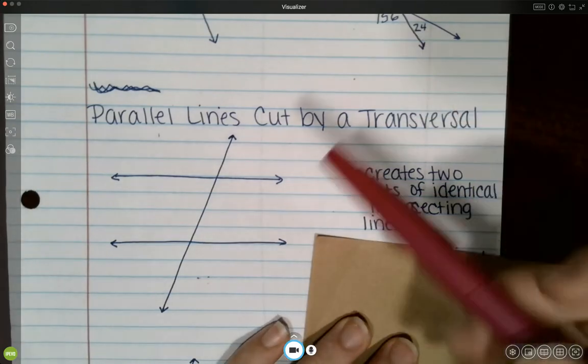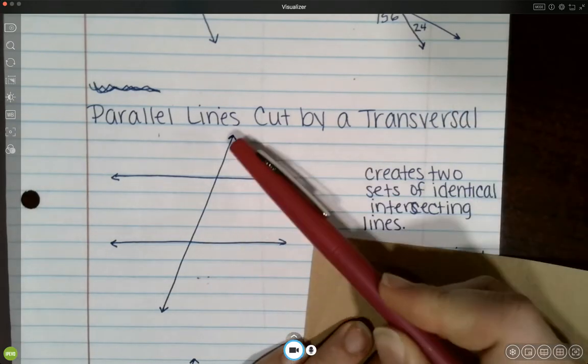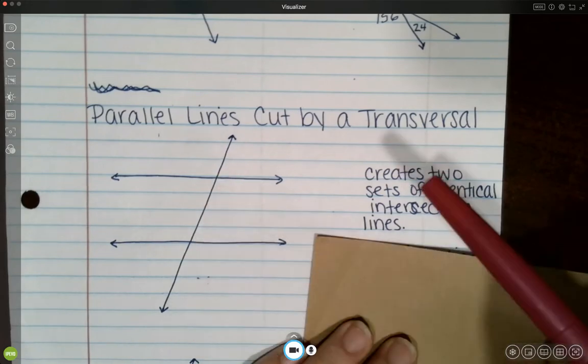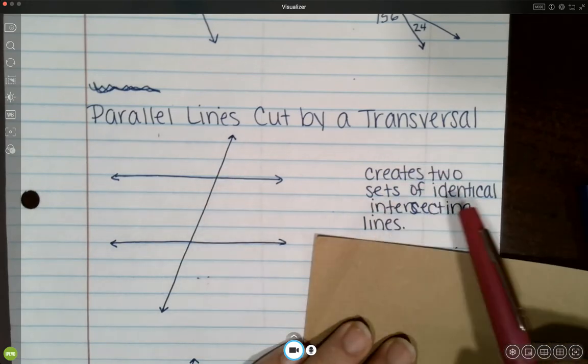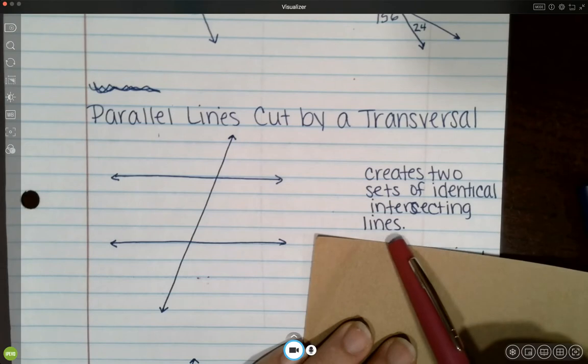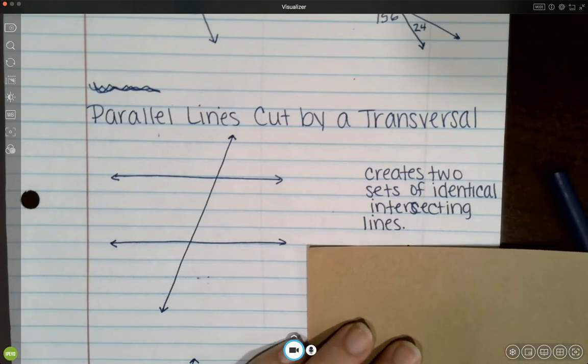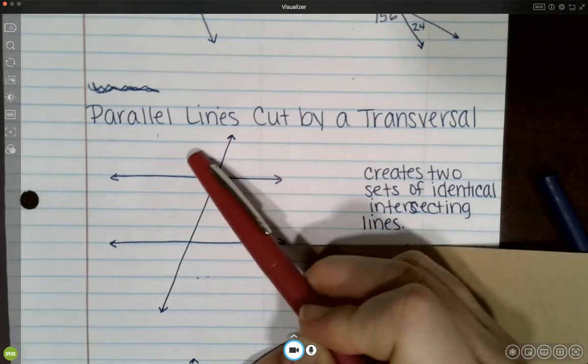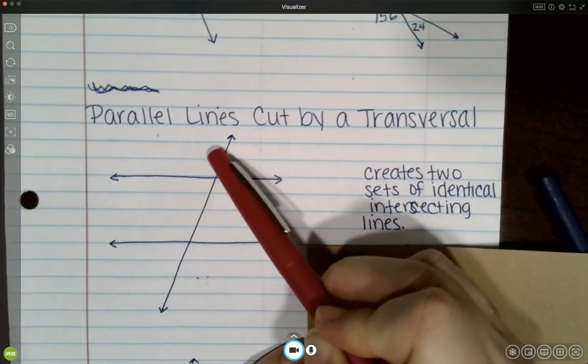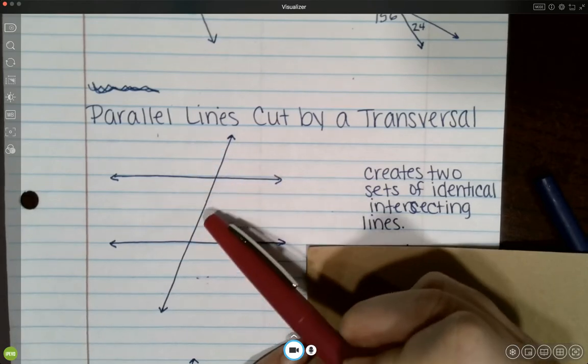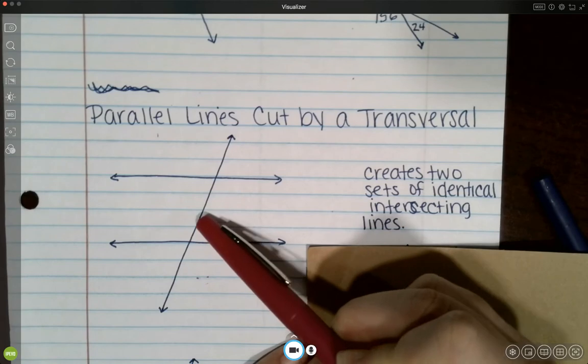By cutting these parallel lines with the transversal, it's creating two sets of identical intersecting lines. You're going to hear me refer to them as pods. We have intersecting line pod 1 at the top here, and intersecting line pod 2 at the bottom here.